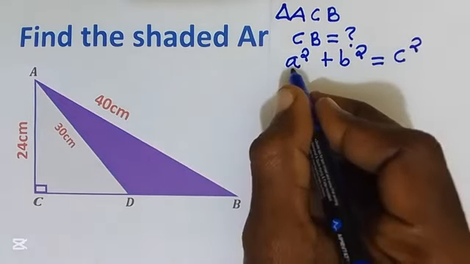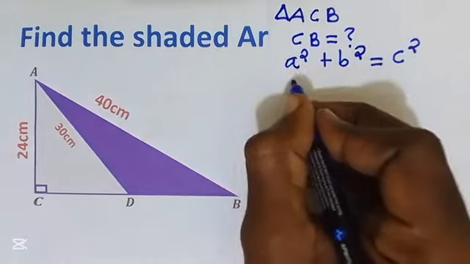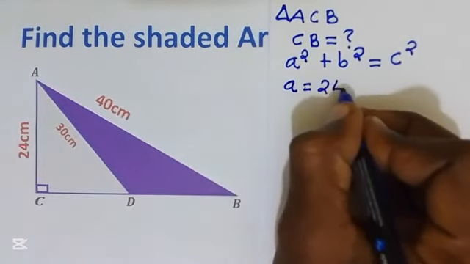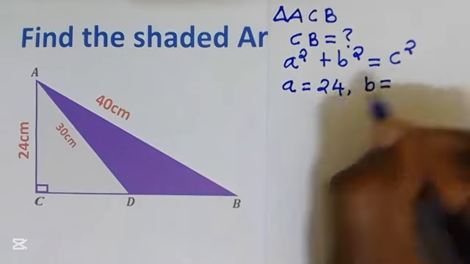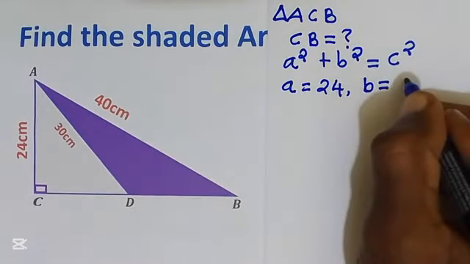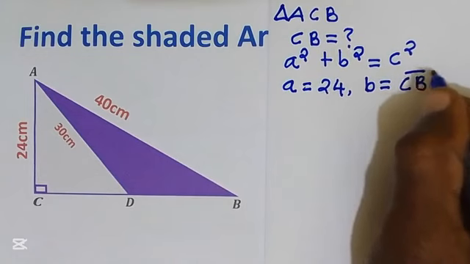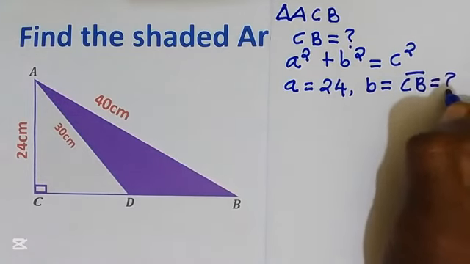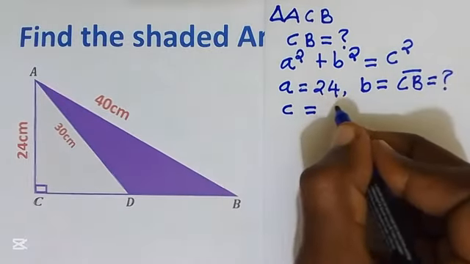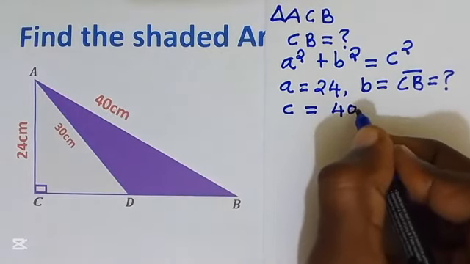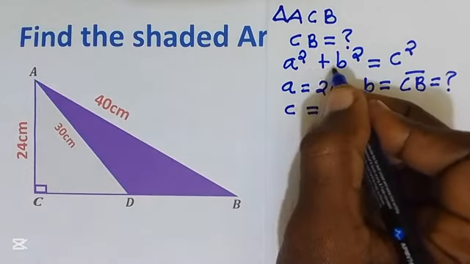I'm going to call a as 24, so a is equal to 24. B, this is equal to distance CB that we don't have, and c, this is equal to 40 centimeter. So let us substitute this to our Pythagoras theory.